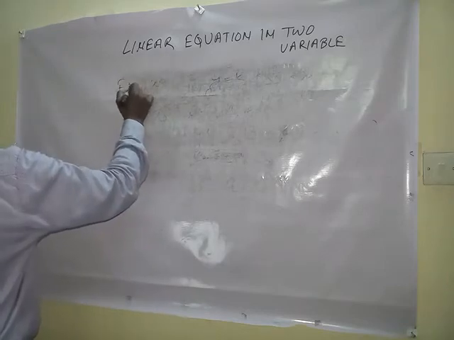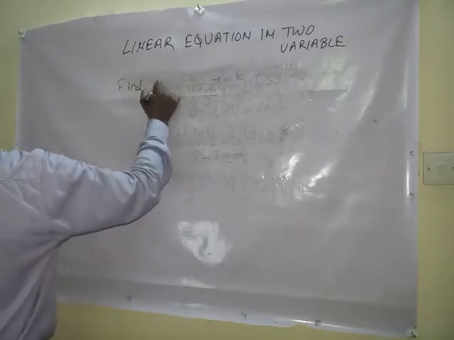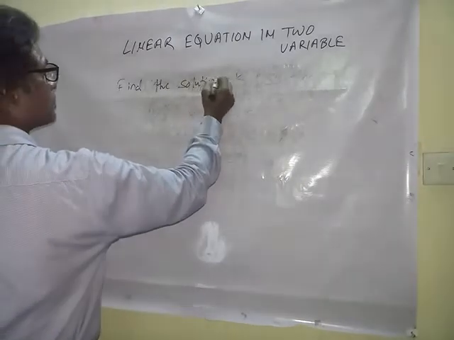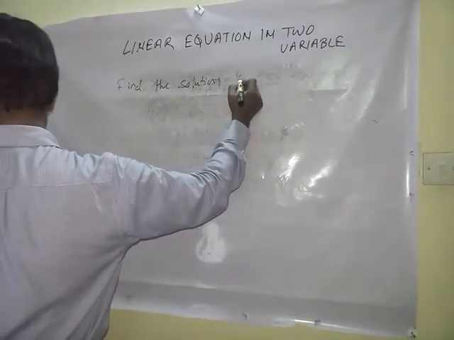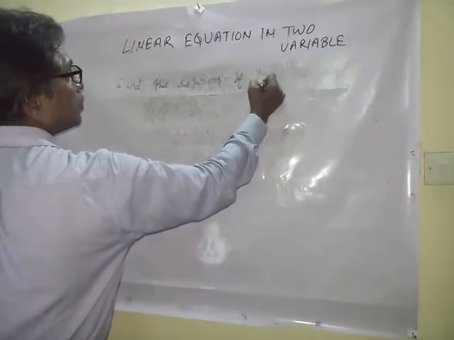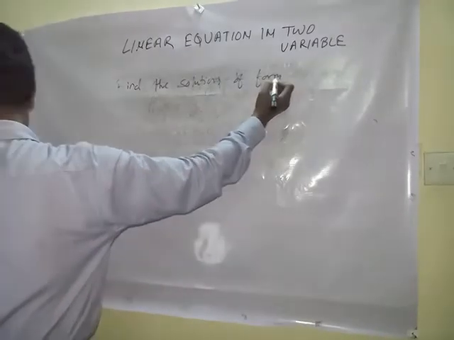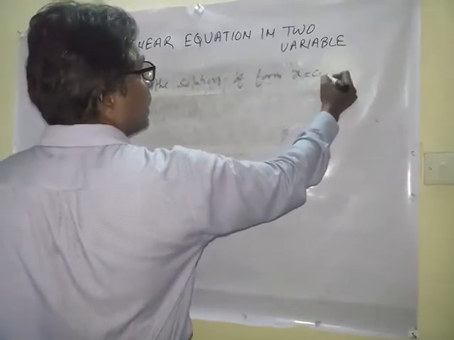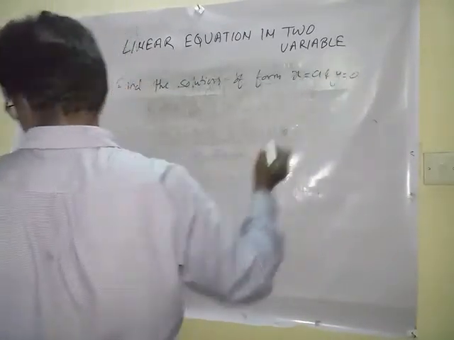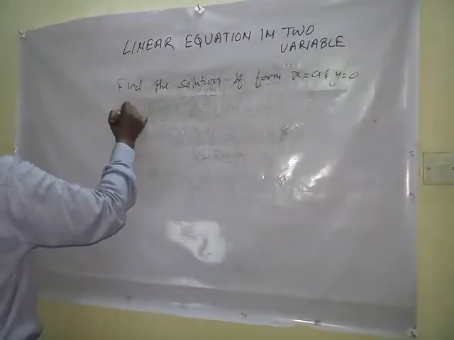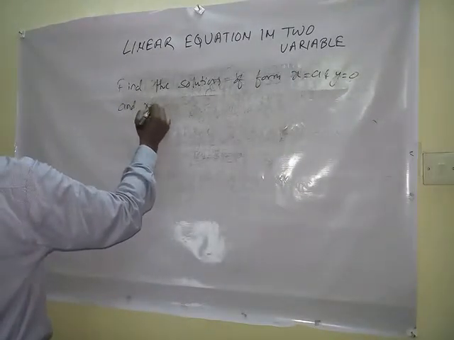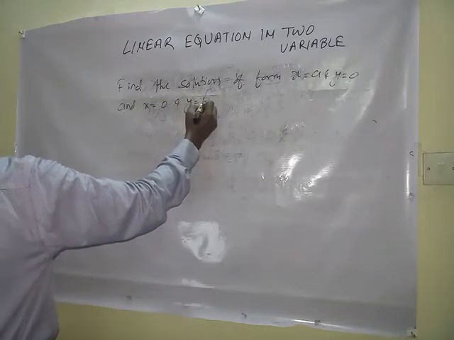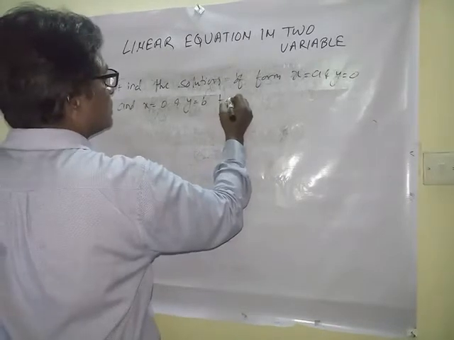Let us see. Find the solution of the form x is equal to a and y is equal to 0, and x is equal to 0 and y is equal to b, for the following equations.